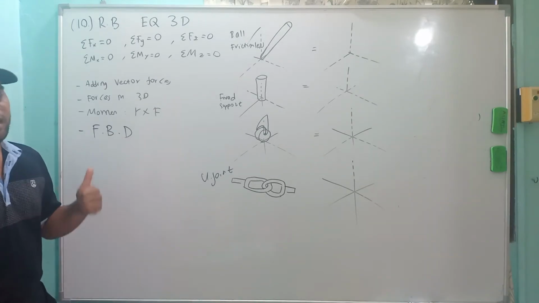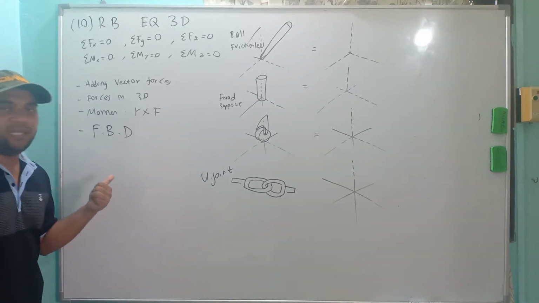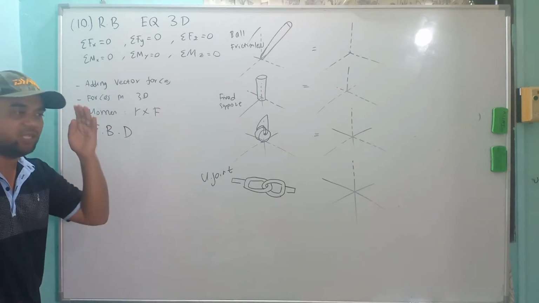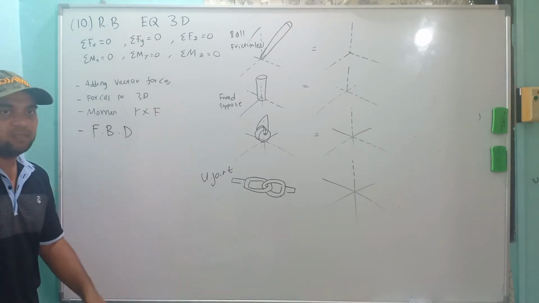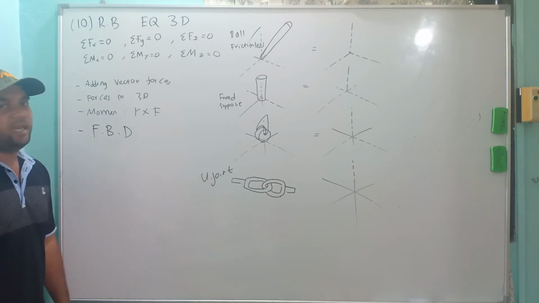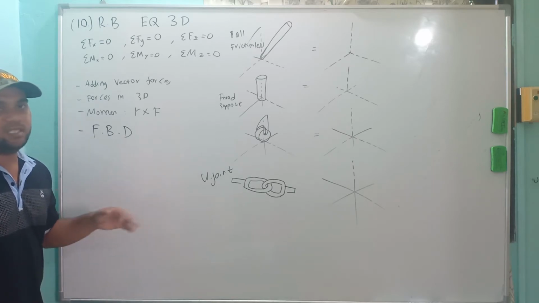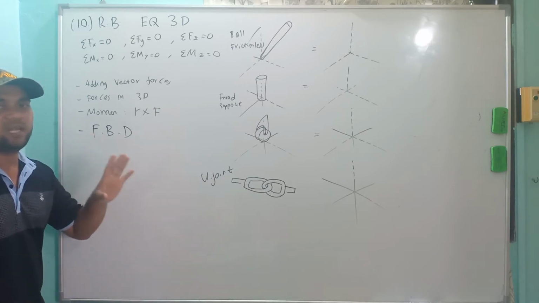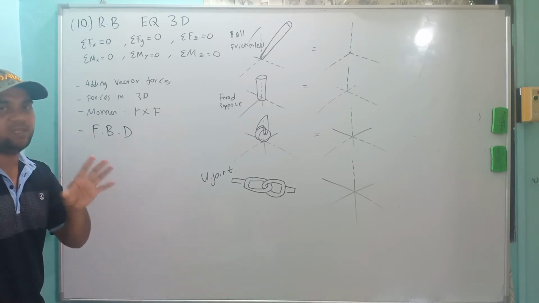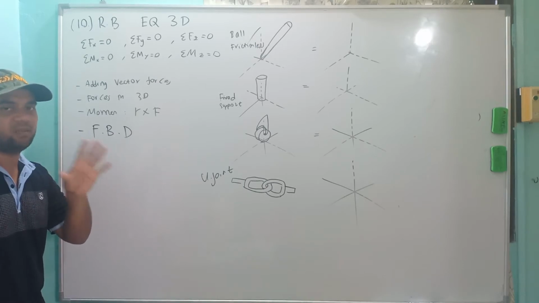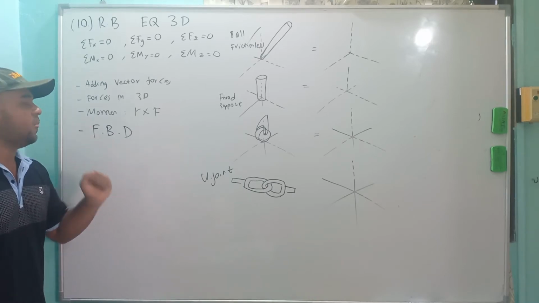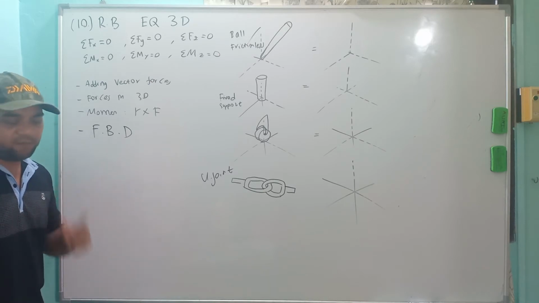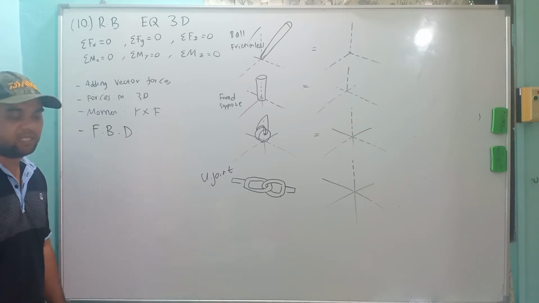Then if the component has mass, you put mg at the center of gravity of each component, acting downward. And if there are external forces, you put them directly, making sure they are at the correct specific location, because it will be used during the calculation of the moment. And lastly is the reaction force. We have seen several reaction forces.